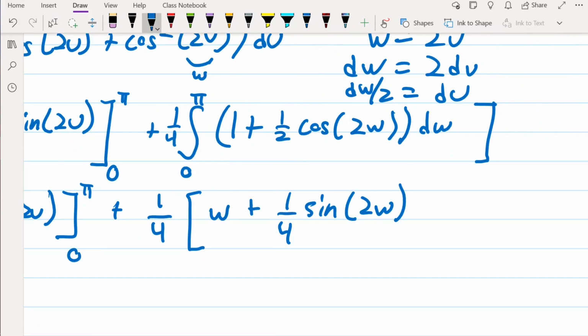Technically, this problem has like 3 or 4 u substitutions. Because technically, this is 1 right here. This was 1. Then we had to substitute in initially right there.